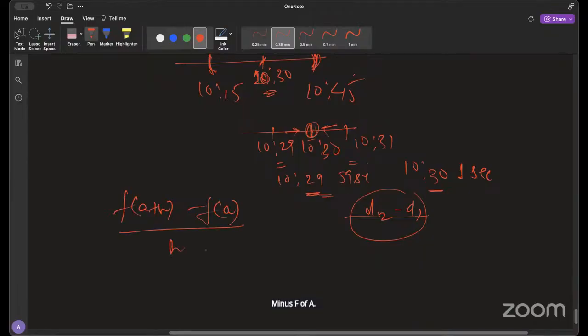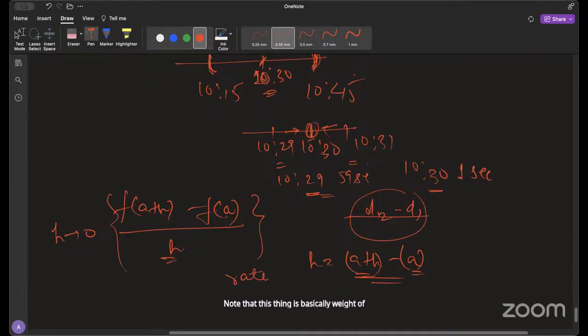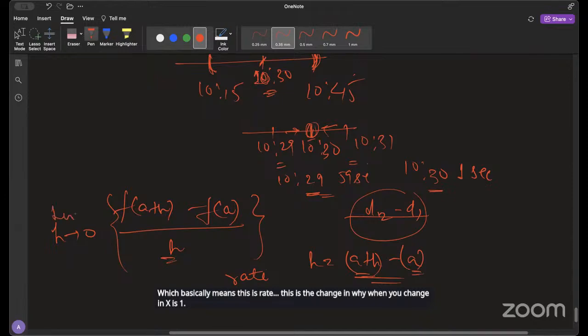This is h, but it's basically a plus h minus a only, the final x coordinate minus the initial x coordinate. And then you take this thing small. Note that this is basically the rate of change of y with respect to x, which basically means this is the change in y when your change in x is 1. But what is this limit then?